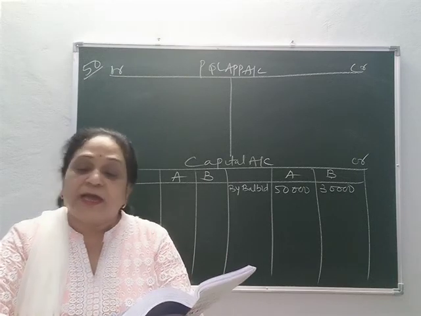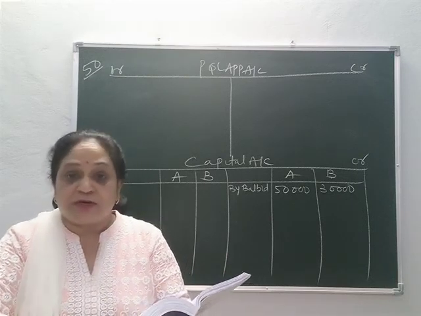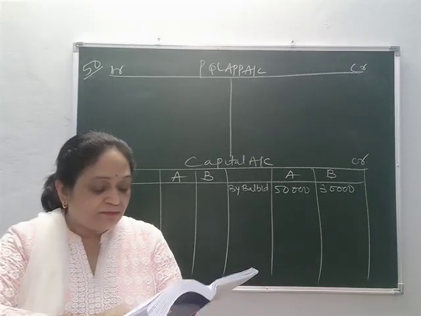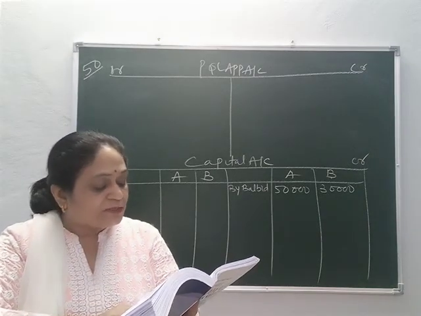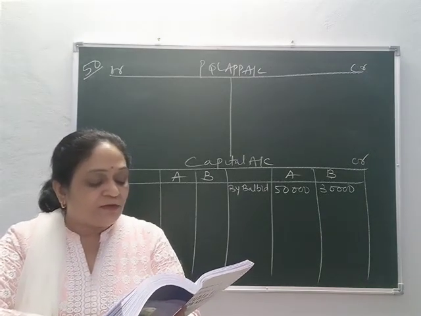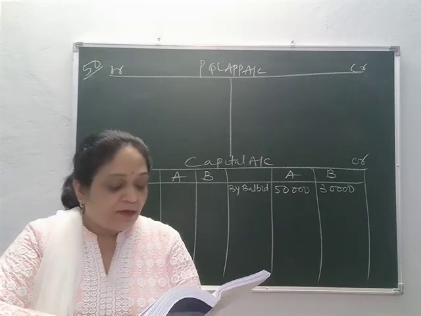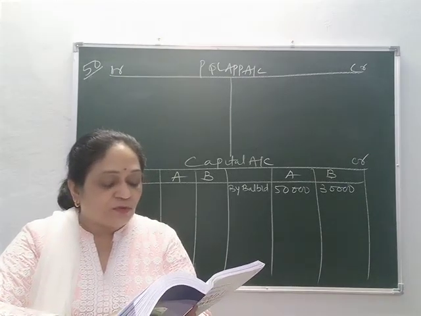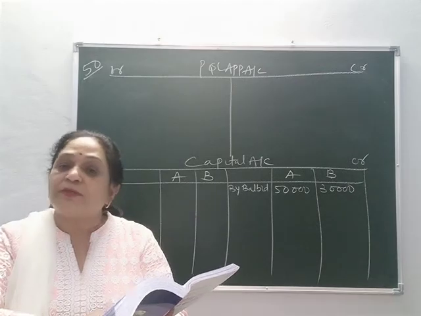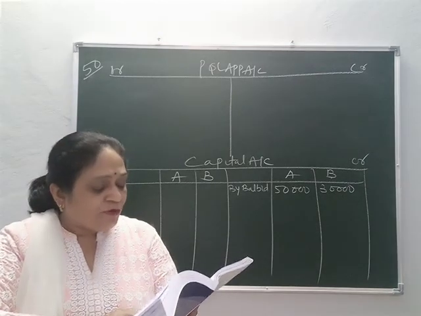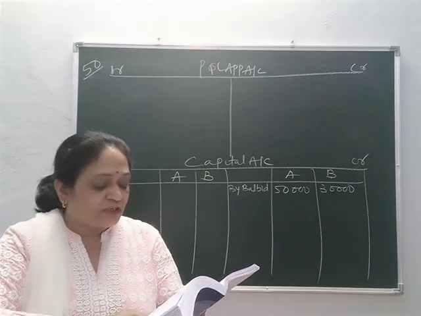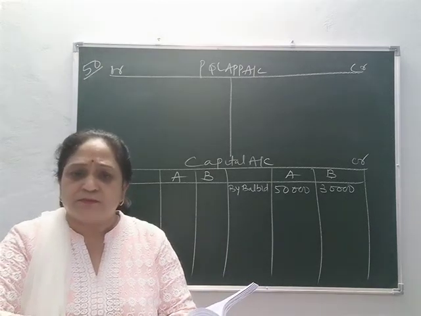B is allowed an annual salary of 2,500. Two things are provided: a provision of 5% of net profit is to be made in respect of manager's commission, and rent of rupees 24,000 is payable to A. Profit for the year before manager's commission and rent was 39,000.